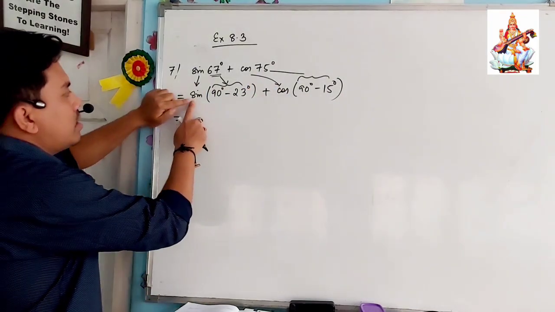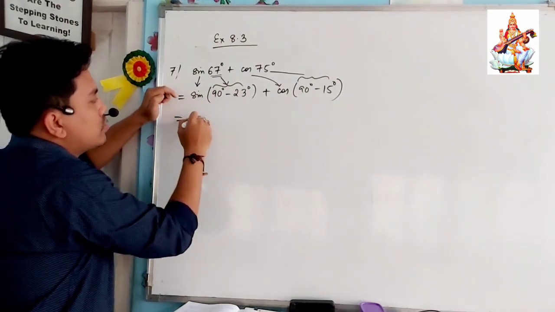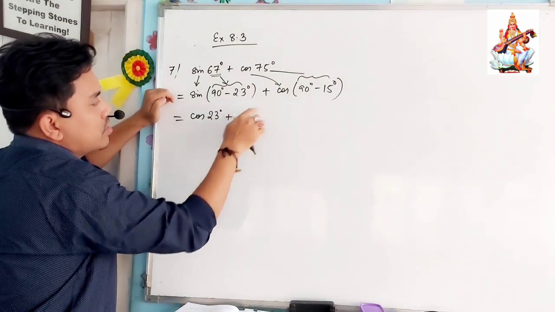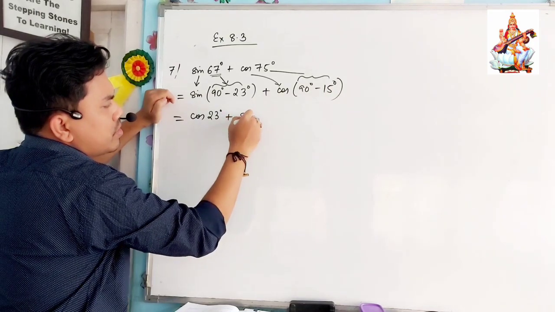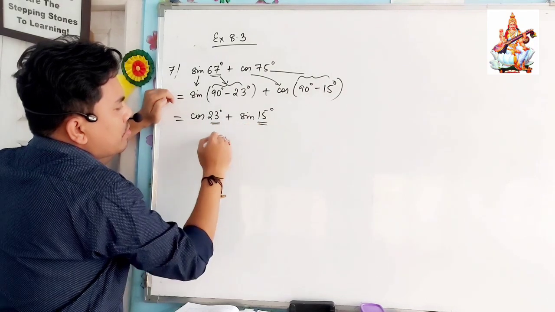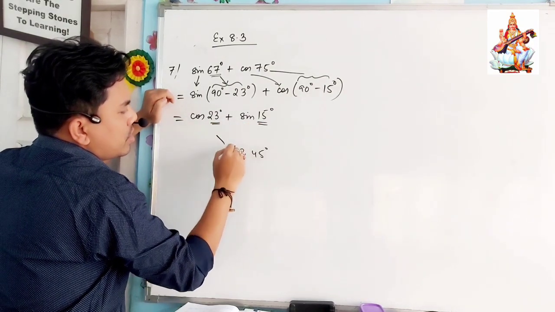Now sin 90 minus A is cos A, so in place of A we have 23. Plus cos 90 minus A is sin A, so sin 15. Can you see the angles lie between 0 and 45? Understood?